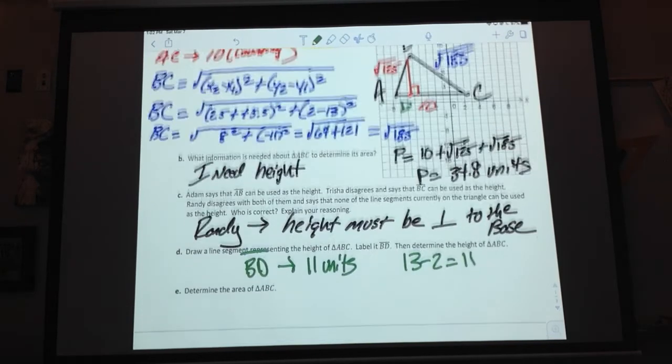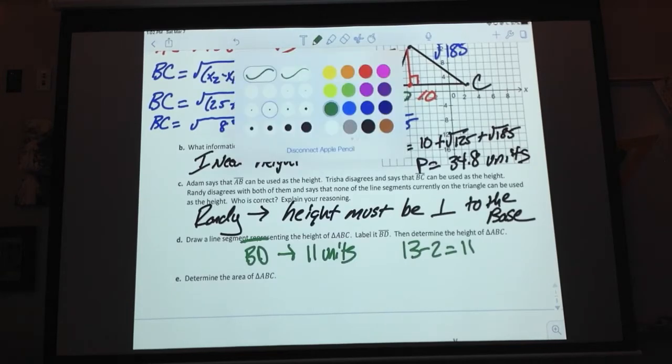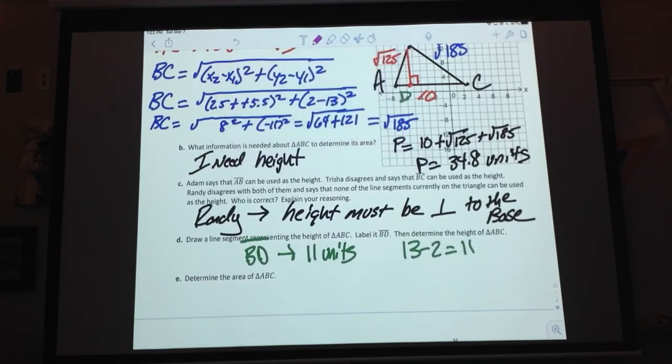So now, determine the area of the triangle. So the area formula, remember, is 1/2 times the base times the height. So that is area equals 1/2 times my base, which was 10. Remember, AC is 10. And my height is 11.